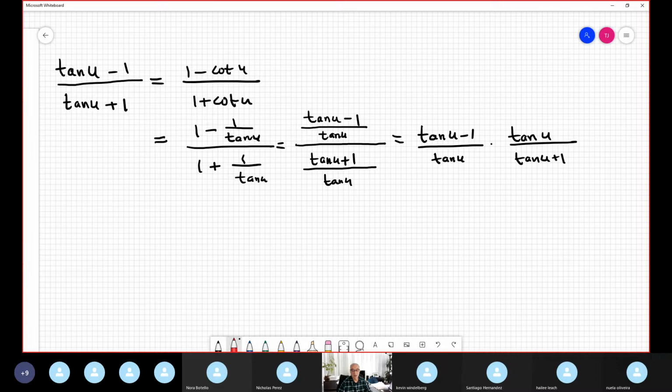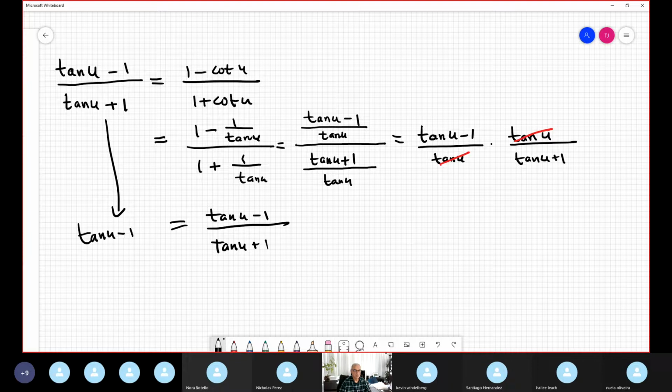Wow, I can see clearly that the tangent is cancelled, and there stays only tangent u minus 1 divided by tangent u plus 1. Boom. And this is exactly the same as this: tangent u minus 1 divided by tangent u plus 1.